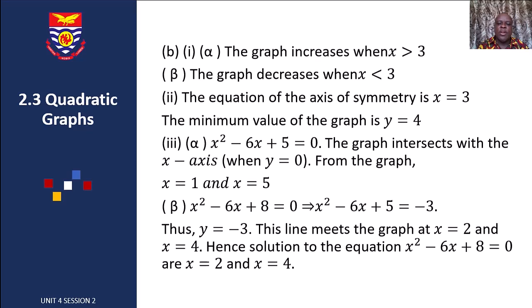This horizontal line will intersect with the original curve that we have drawn. Then we locate their points of intersection, and we notice that x will be 2 and x will be 4. And so we conclude that the solution to x squared minus 6x plus 8 is equal to 0 are x equal to 2 and x equal to 4.